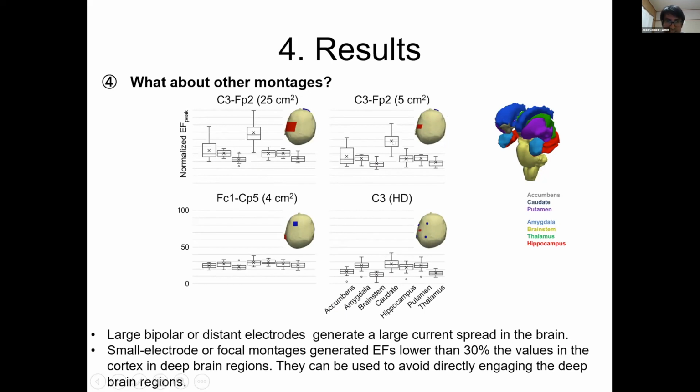We can reach values close to 70%. But if we use a small electrode or focal montage, the values in the different regions are lower than 30%. So another way we can say that we can avoid directly engaging different regions is by using small electrodes, or using this high definition montage. This is one option for this.